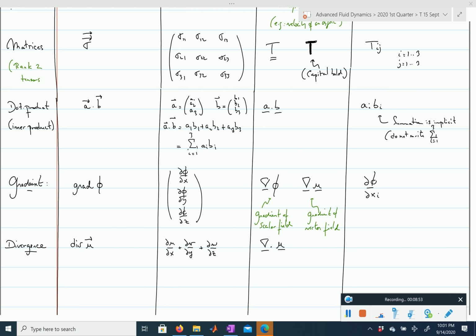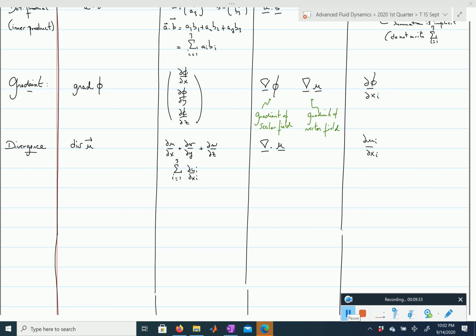And in index notation, you will see it in the book sometimes as partial ui, partial xi. Again, here you see a repeated index, so the summation over i is implicit. If my components were u1, u2, u3, I could also write this as the sum of partial ui, partial xi from i equals 1 to 3. So you see that between the index notation and the full notation, we omit the summation.